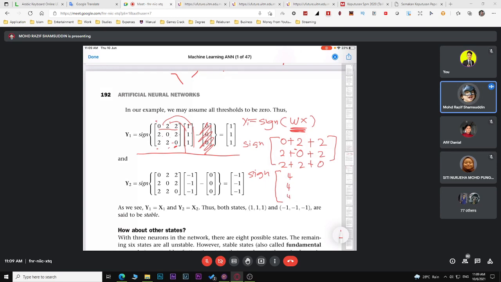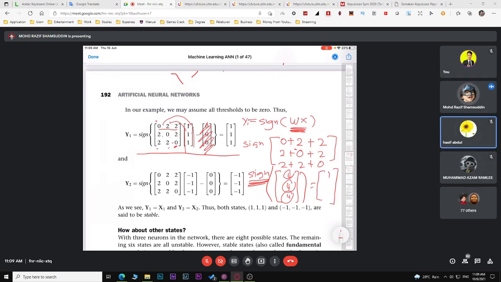4. Okay. So for sign activation, anything that is 4, which mean it is positive, right? So dia jadi apa? 1111. Okay. Sebabkan kita pakai sign activation. Dapatlah. So ini adalah input.